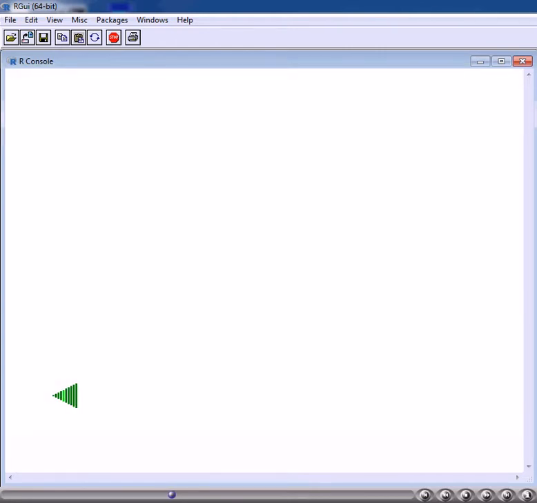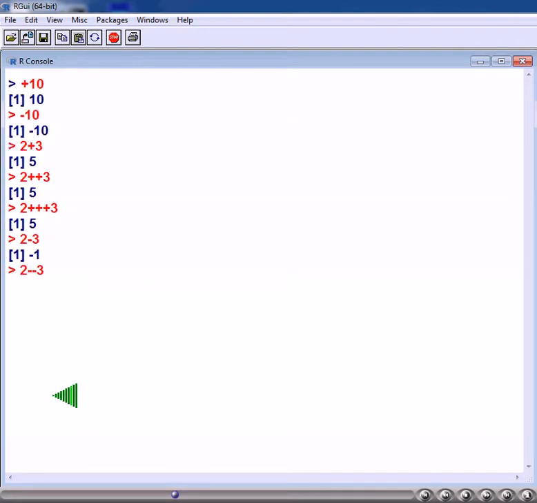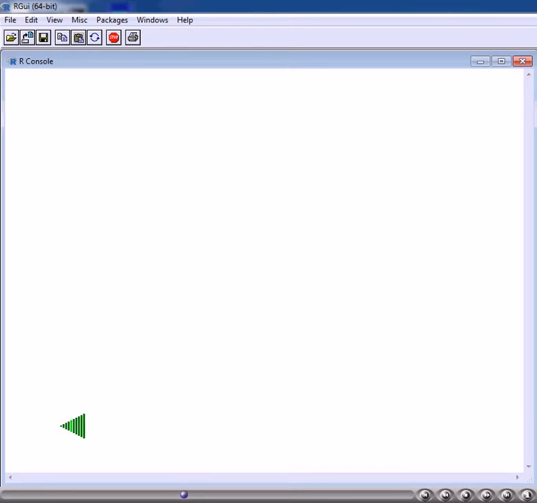Similarly, 2 times 3 gives 6. So this is a simple multiplication. In our language, 2 into 3 with the power operator works like 2 cubed, so we'll get 8.